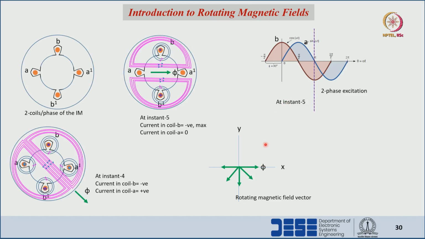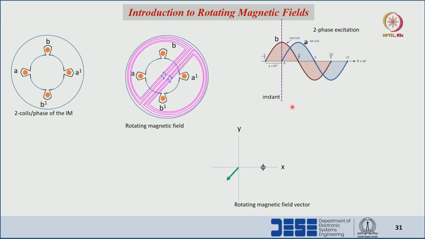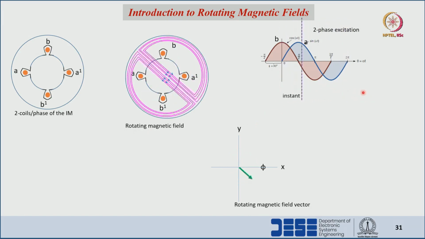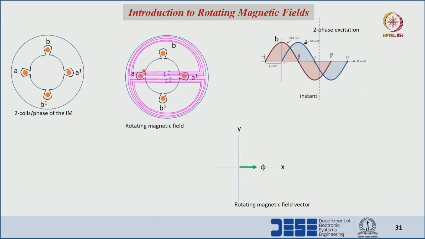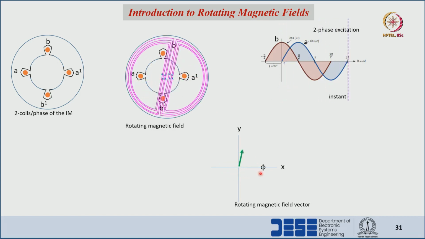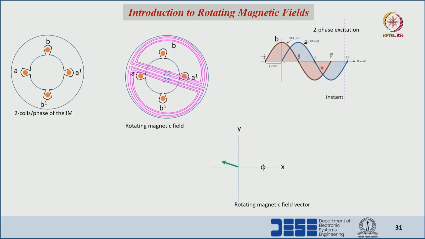Similarly, from 180 degrees to 360 degrees also we can analyze the resultant vector, and how the rotating magnetic fields, or magnetic fields inside the machine, we will see in this slide. If we change the instant, our currents change with respect to this instant, then automatically the resultant vector and the magnitude of the resultant vector is not changing, but it is rotating with respect to the current magnitudes.